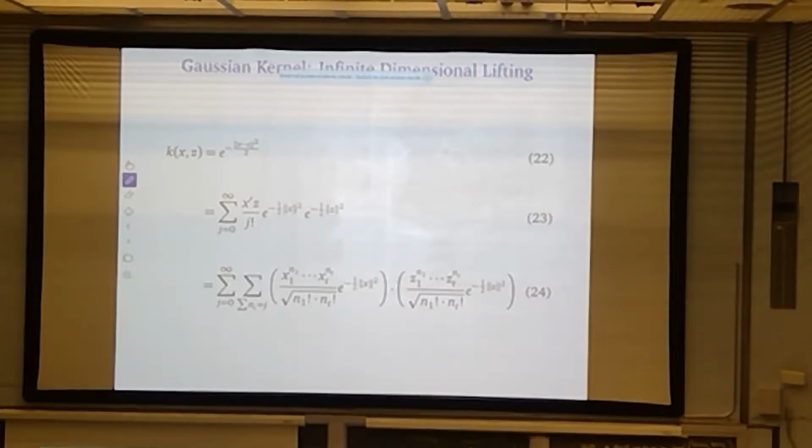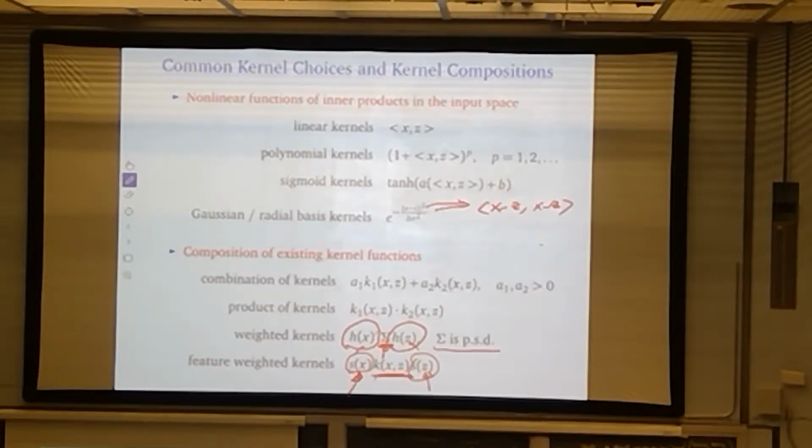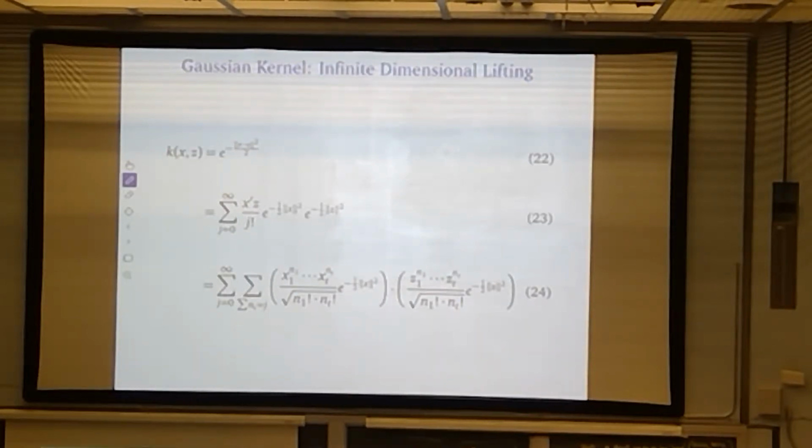And we have shown that the Gaussian kernel can be expressed as an inner product between infinitely long feature vectors. Again, this is not the only way, but this is one usual way to do it, through the polynomial expansion. So if you look at this, the Gaussian RBF kernel is essentially just a bump.